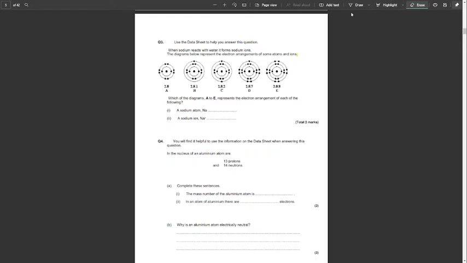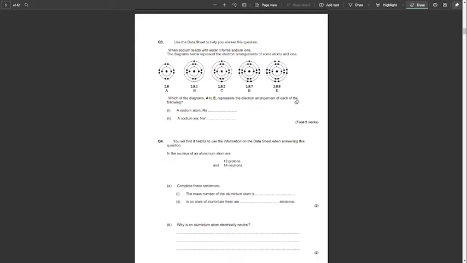Which of the diagrams, A to E? So it said A to E, so you need to make sure that you pay attention to that, because there might be, for all I know, an F over here, and that might not be relevant to the question if it's only asked for A to E, so make sure you pay attention to actually what the question is asking you for.